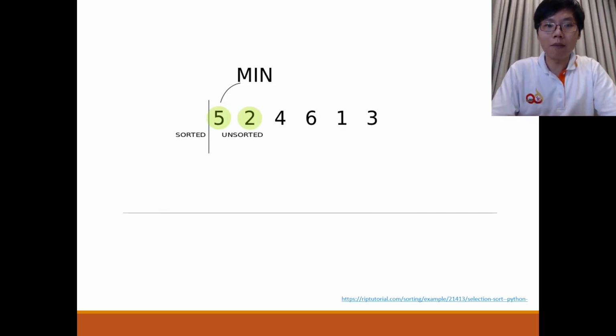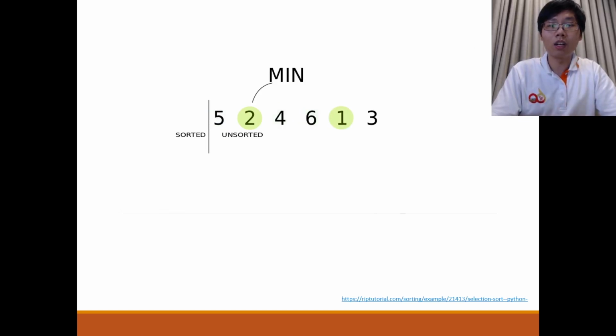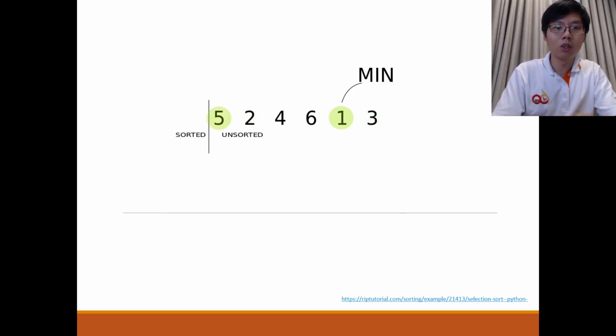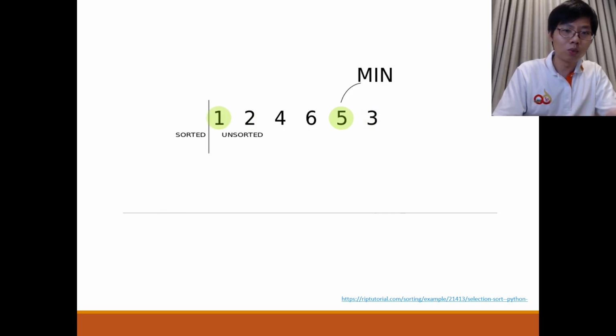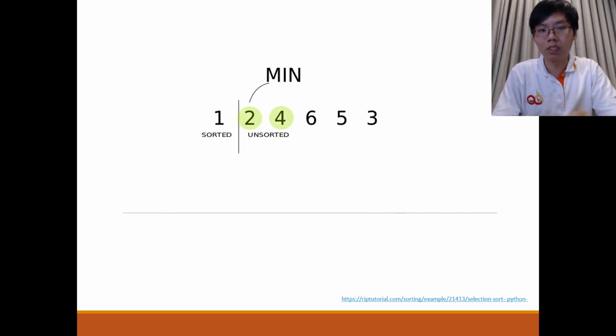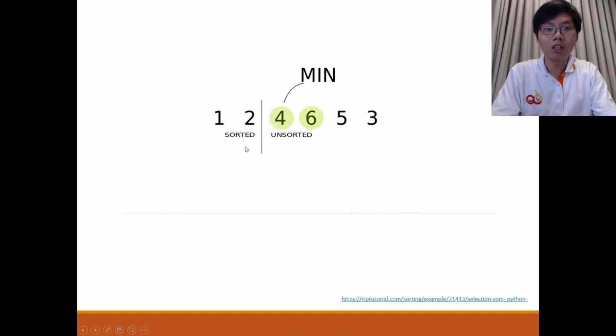So look at this animation. We're going to keep searching for the minimum value. Right now, the minimum value changed from 2 to 1, and then we swap the 1 to the first position. Then we make the partition right there. This partition shows you that here is the sorted segment and here is the unsorted segment.